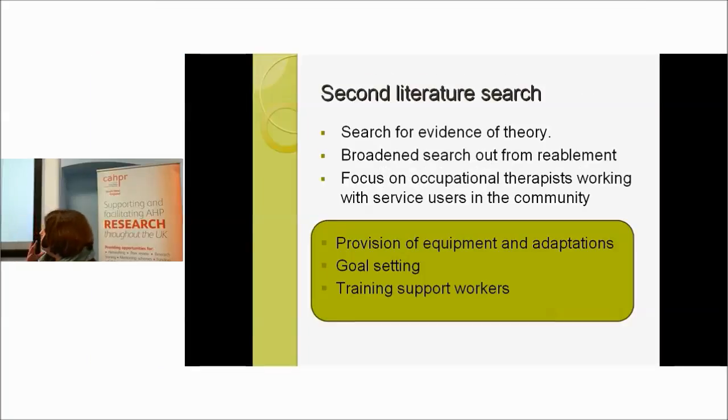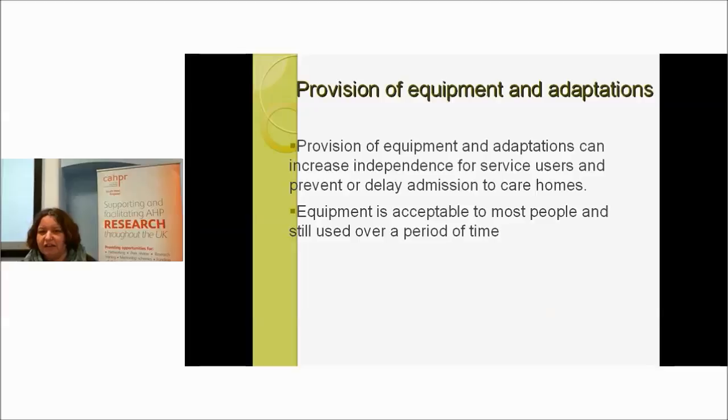Once I had some theories, you go back to the literature and broaden it out a little. So I looked at occupational therapists working with service users in the community as well as in reablement services. And the theories I had came into these three categories, and I'm just going to touch on two of those today. So equipment and adaptations. The literature was saying that provision of equipment and adaptations can increase independence and prevent or delay admission to care homes, so there was an outcome.